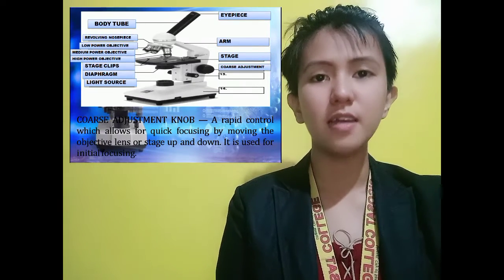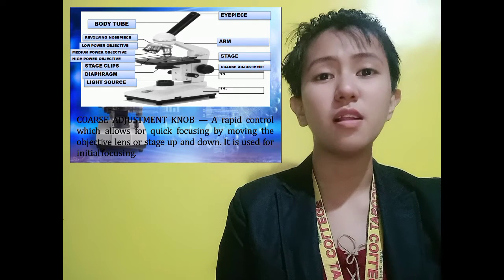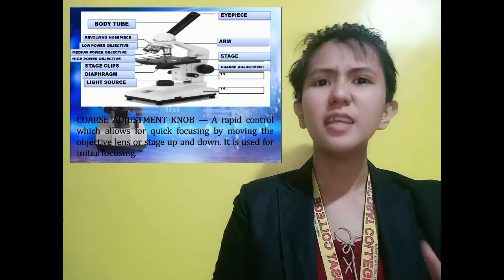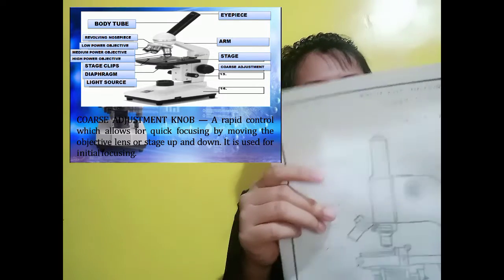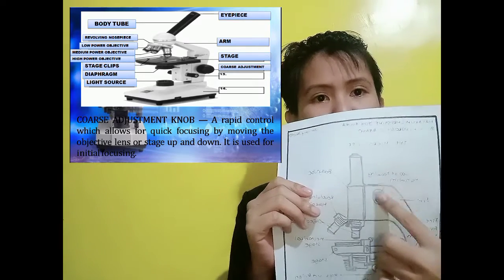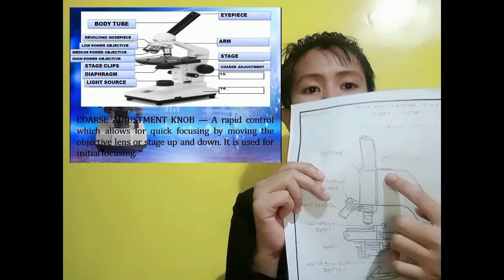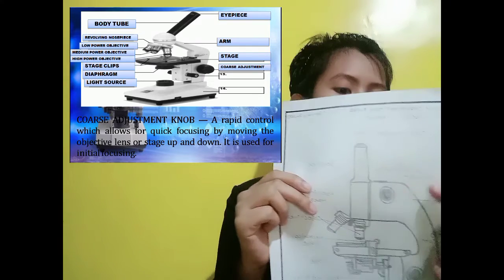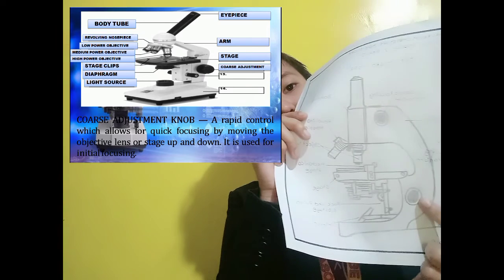Next is the coarse adjustment knob, a rapid control which allows for quickly focusing by moving the objective lens or stage up and down. It is used for initial focusing. So, yung coarse focusing microscope, ito. Yung iba kasing microscope is hindi dito sa taas yung coarse at focusing mechanism niya, kundi andito sila sa baba.